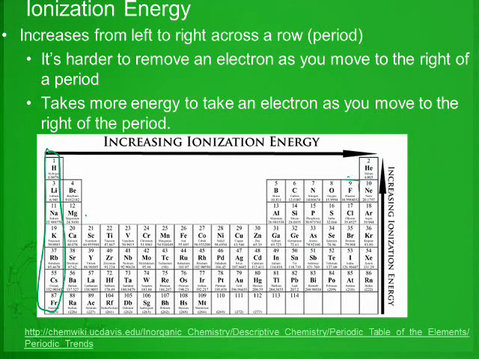Especially these guys. Now we'll see later on that once these guys lose these electrons, they do become cooler. They become like the noble gas right before it. So if sodium loses an electron, it'll become like neon. But we will get to that. Just know the trends right now.